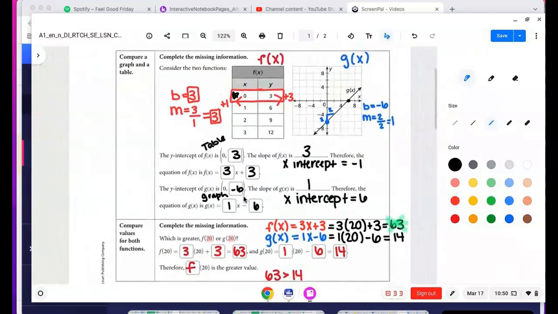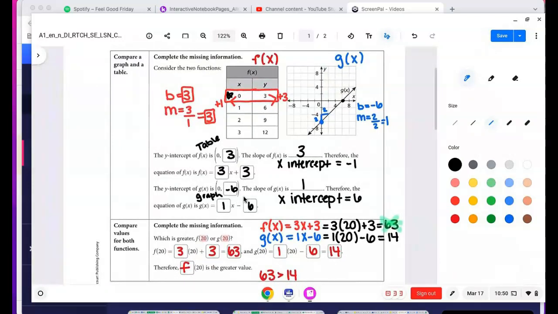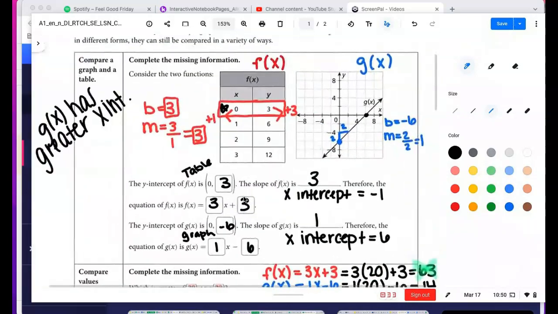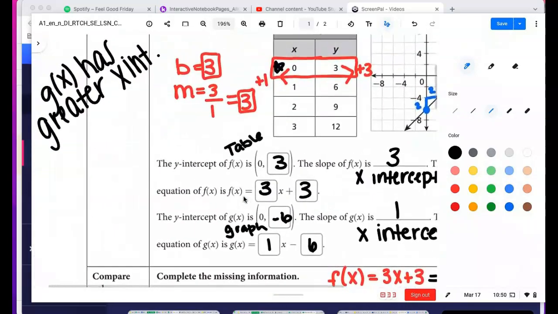Which one has the greater x-intercept? Well, 6 is bigger than -1, so g of x has the greater x-intercept. Next, which one has the bigger y-intercept? The y-intercepts were +3 and -6.